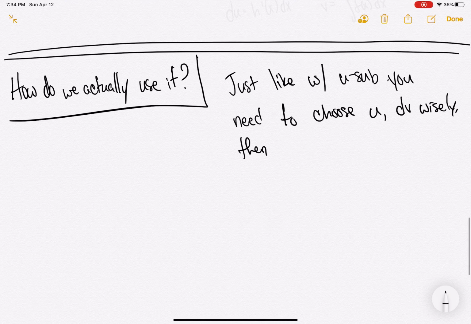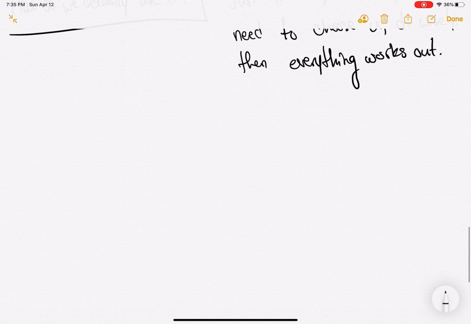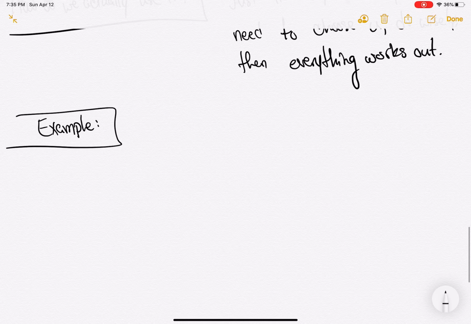Then everything works out. So let's do a quick example, the easy example. This is like the stereotypical one that everyone's going to give you. The integral of x e to the x dx.